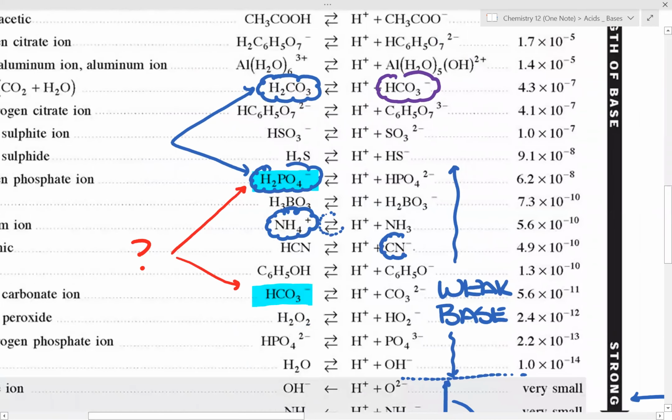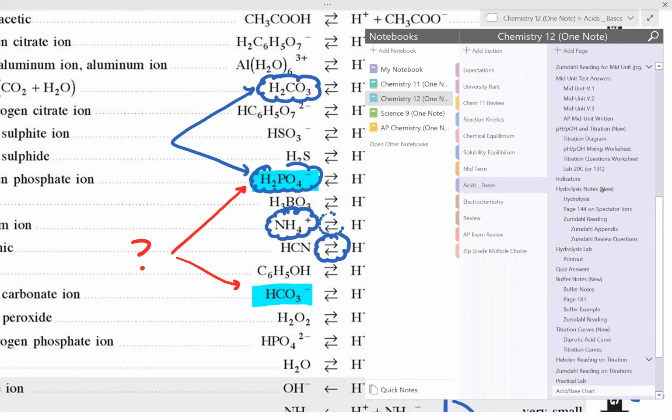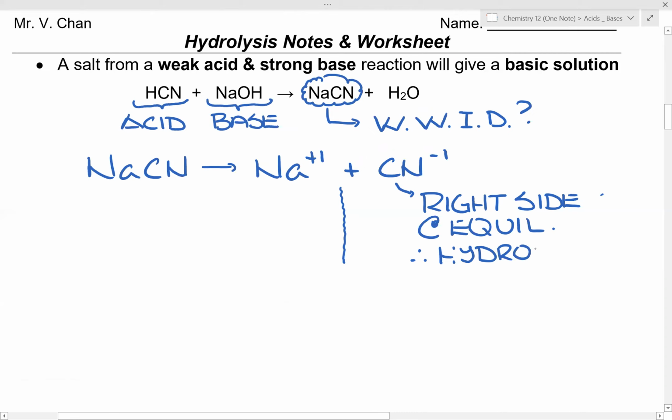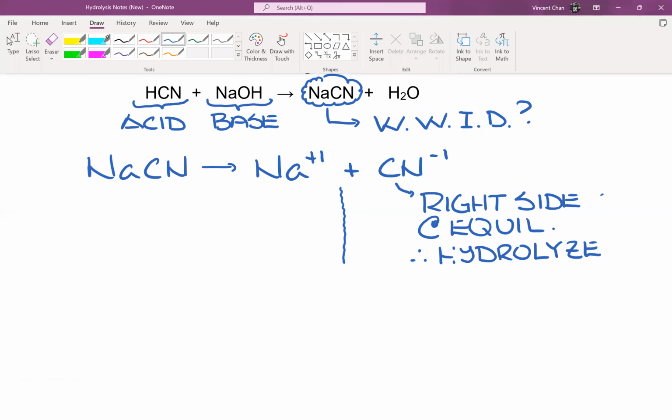It's on the right-hand side, and notice it is at equilibrium. So since it is at equilibrium, it will react with water, or it will hydrolyze. I'm just going to highlight the word equilibrium.